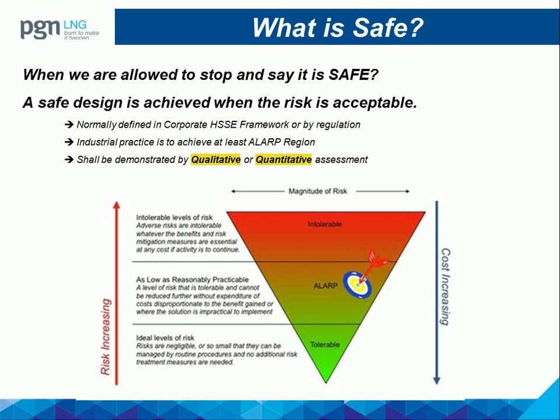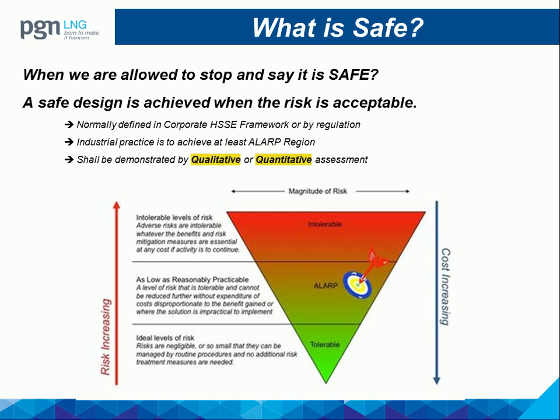So normally we say that is okay, we can go further, but if there's another mitigation that, from a cost point of view, is reasonable to implement, and we haven't achieved ALARP, we need to implement that barrier, and then we can say that it is ALARP.